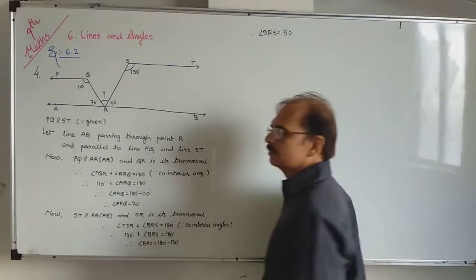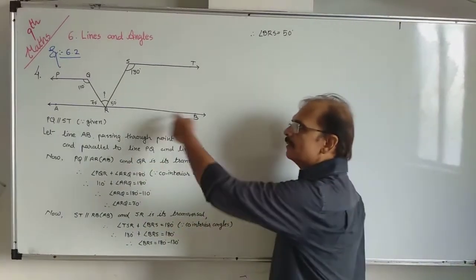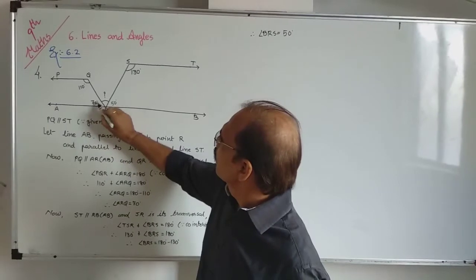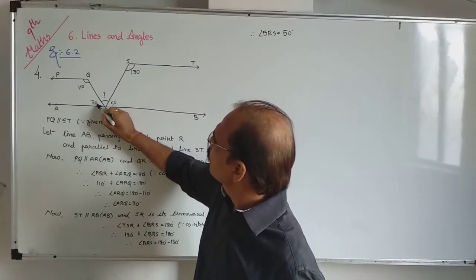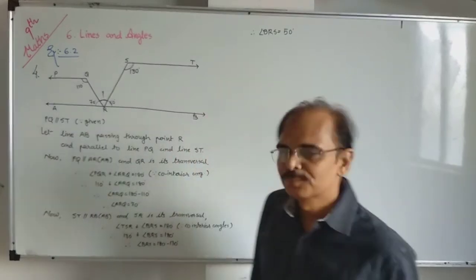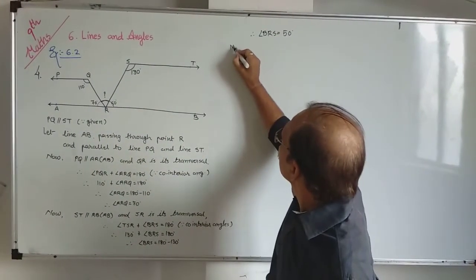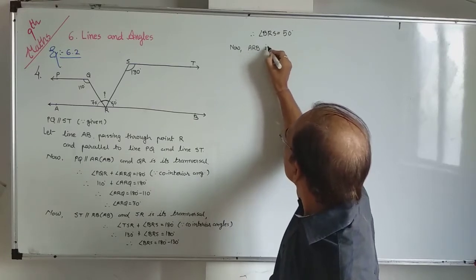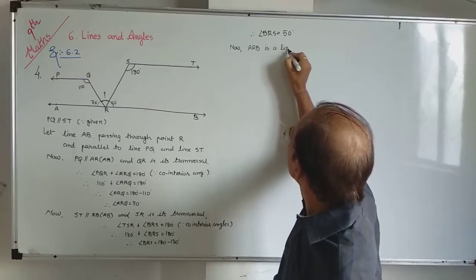See now, it is easy. AB is a line. If AB is a line, then this angle plus this angle plus this angle total 180. See the protractor, right? So now ARB is a line.